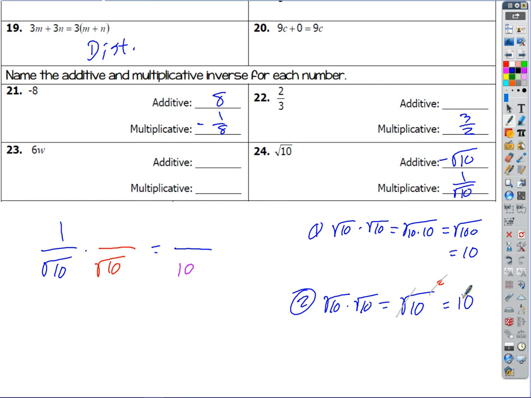Is that simplified? What would you simplify it to? 3/4. If I type 6 divided by 8 into a calculator, what am I going to get? 0.75. What if I type in 3/4? 0.75. You see my point here? The value doesn't change. It's just the form of the answer. Same thing here, right? You want the answer to be the same.